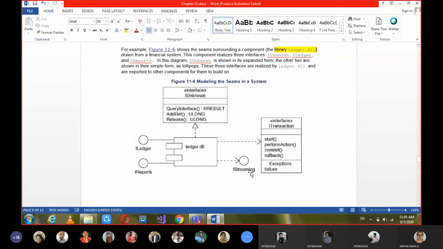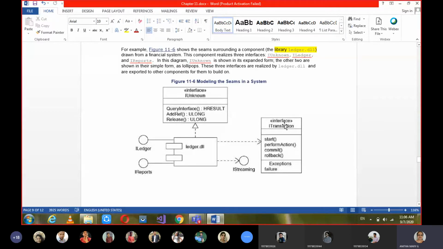And iStream: the component is also depending on an interface, and this interface is given in the expanded form. Why? Because it wants to showcase all the services given by that interface.